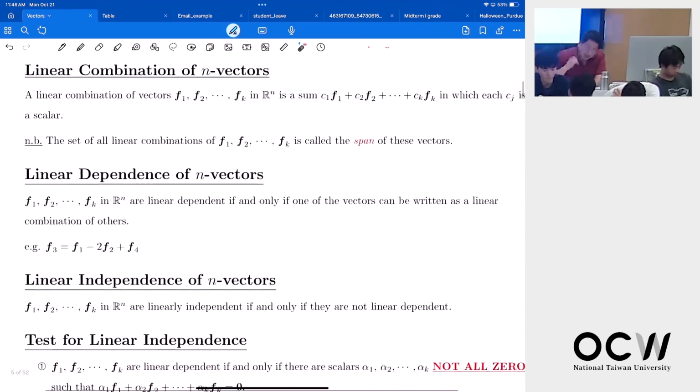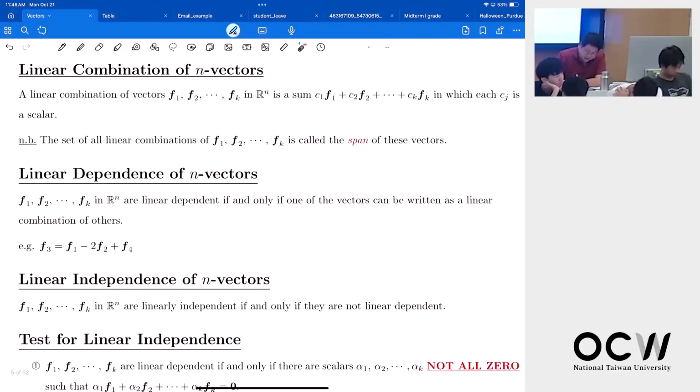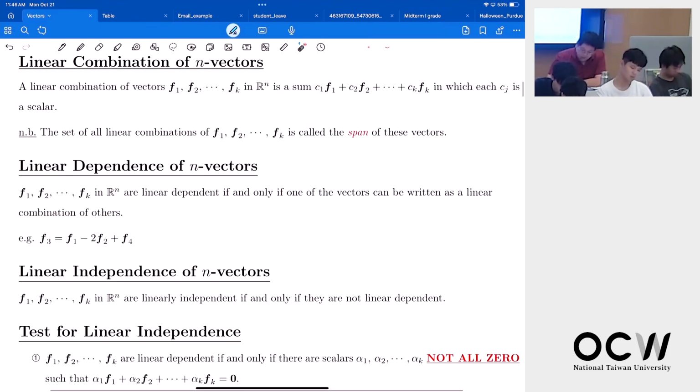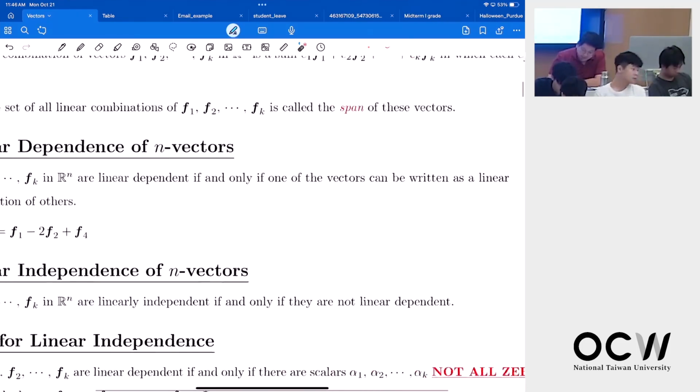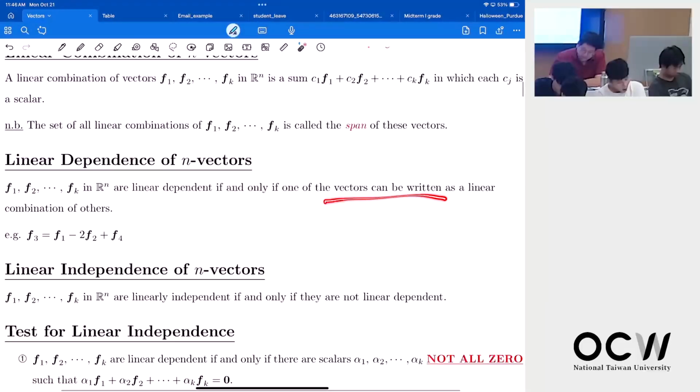Next is the linear dependence and linear independence of vectors. What is linear dependence? We say that f1 to fk are linearly dependent if and only if one of the vectors can be expressed as a linear combination of the others.